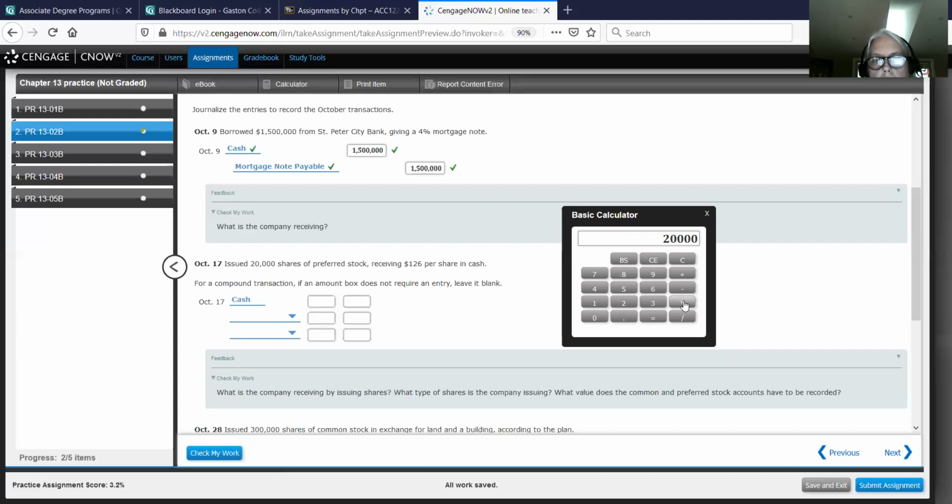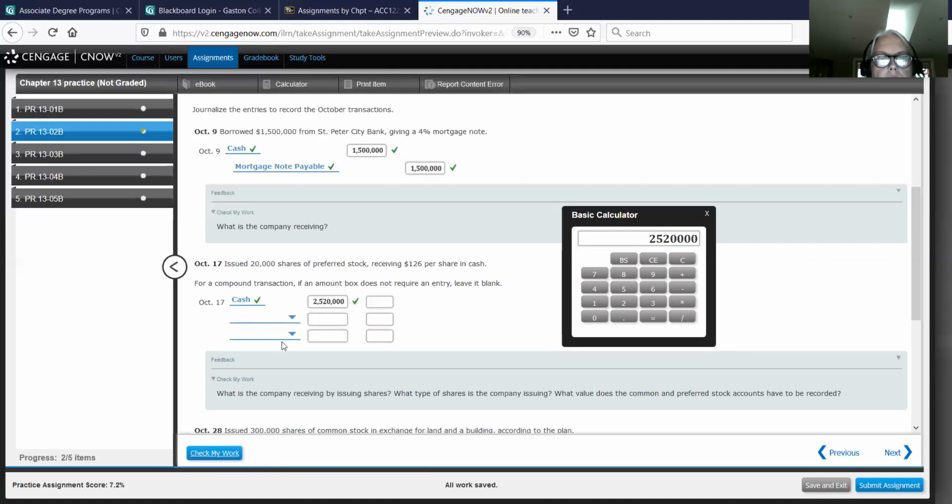So we're going to take 20,000 and multiply it by $126 per share. And that's going to give us a total of $2,520,000. As you can see, we're debiting this cash because cash is increasing by the amount of $2,520,000.